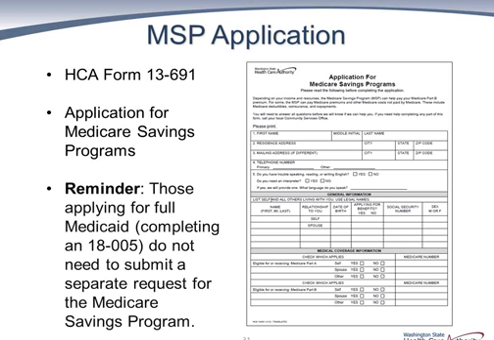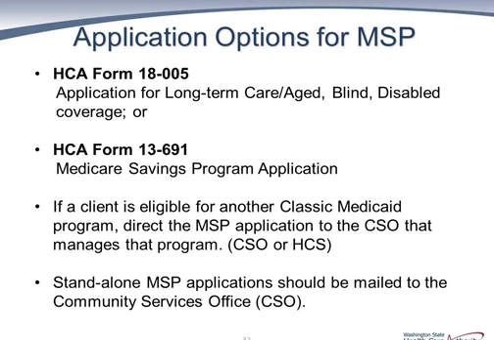On the next slide, Karen. So application options then, as we just talked about, you can either use the full combined form, the 18005, or you can use the 13691, just the Medicare Savings Program application. If a client is eligible for any other classic Medicaid program, direct the MSP application to the CSO or Home and Community Services, depending on who's helping them.